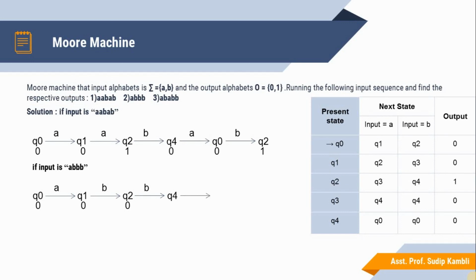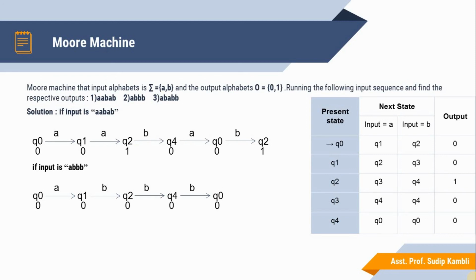Q4 scans the last B alphabet, so it goes to state Q0, and the output of Q4 is 0 and of Q0 is 0. So from Q0 to Q0, start to end state, it accepts the string A, B, B, B, and the output values are 0, 0, 0, 0, 0.